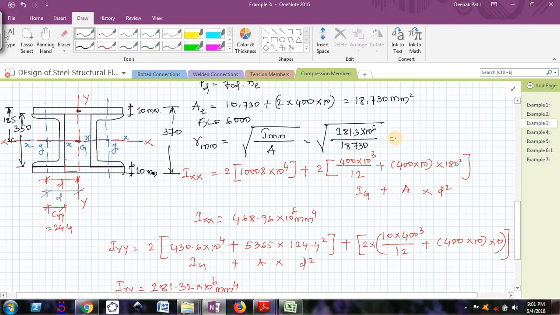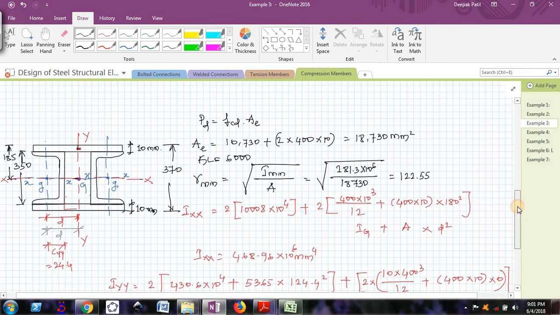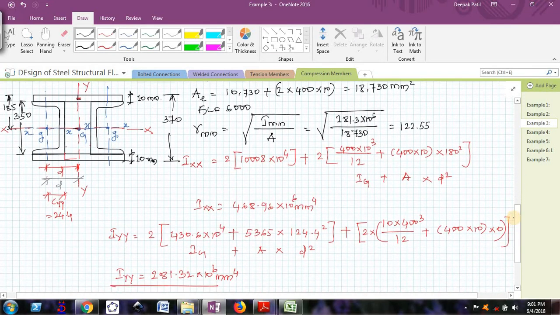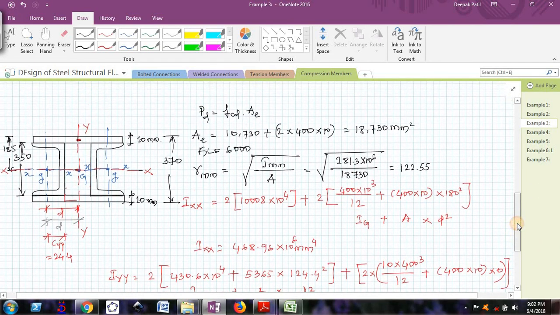So 281.3 e raised to 6 divided by 18730. So I am getting 122.55. So now R minimum is 122.55.